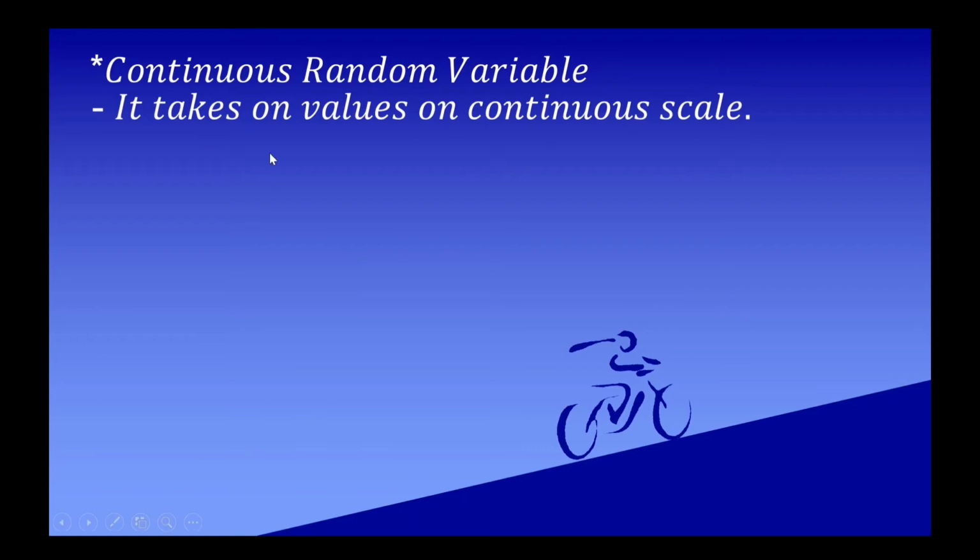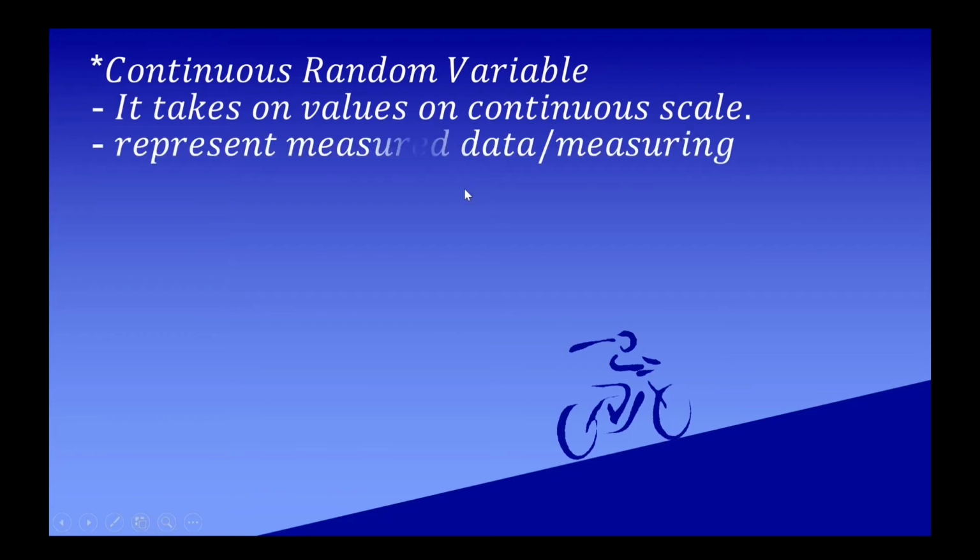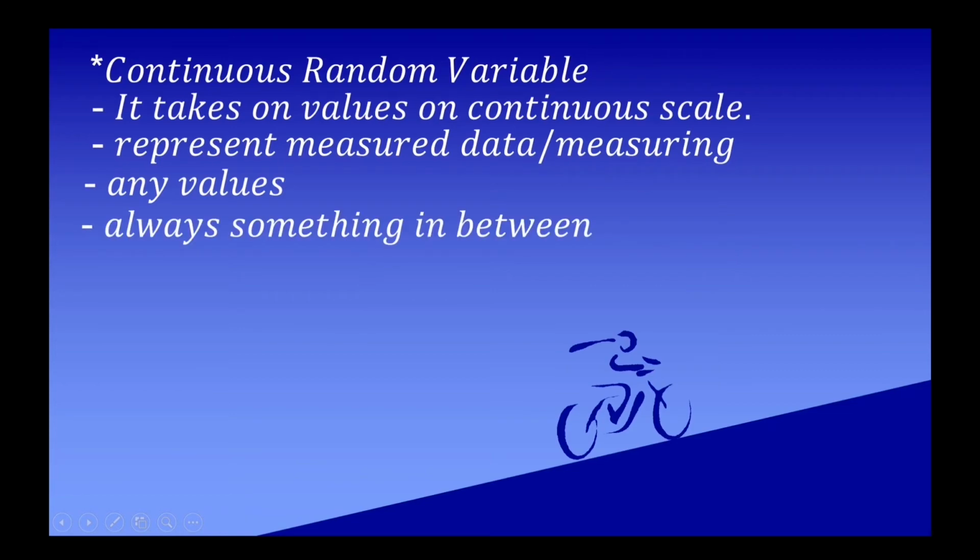So when do we say a random variable is continuous? A continuous random variable takes on values on a continuous scale. It also represents measured data, and the values are obtained by measuring. It can take any values in an interval, and there is always something in between, like for this example given, the inequality 1 less than or equal to x less than or equal to 2.